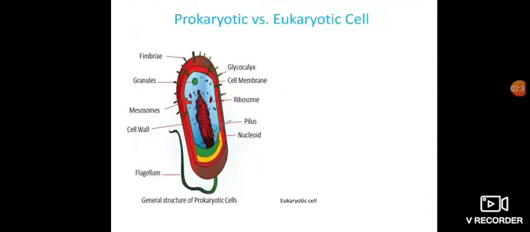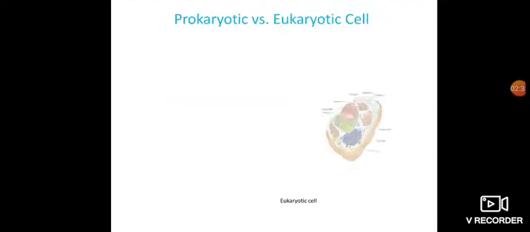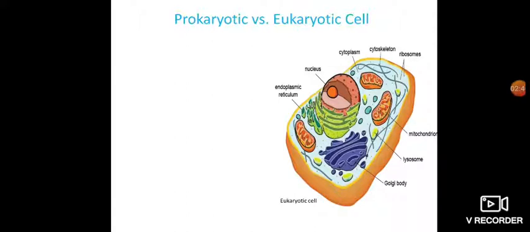And next is the eukaryotic cell. The eukaryotic cell, which is our normal cell, has all the different types of cell organelles, which were already discussed last year, but we are revising them: the endoplasmic reticulum, nucleus, nucleolus, cytoplasm, then ribosome, mitochondria, lysosome, and Golgi apparatus.